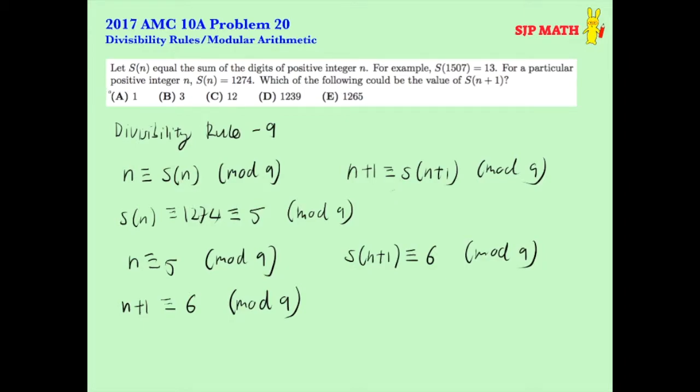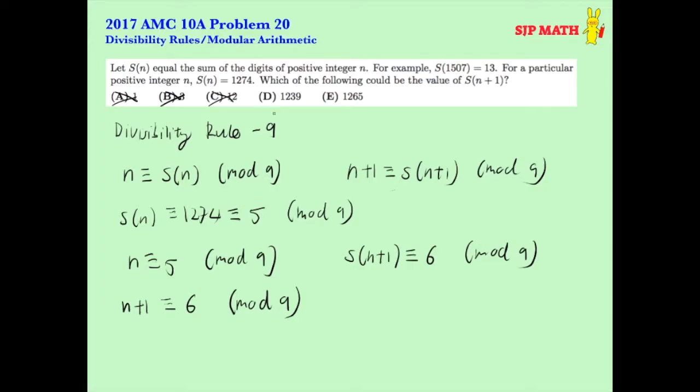For A and B, it's so obvious, no, because they certainly do not have a remainder of 6 when divided by 9. So not A or B. And certainly not C either. 12 has a remainder of 3 when divided by 9. So, no. 1239 has a remainder of 6 when divided by 9.